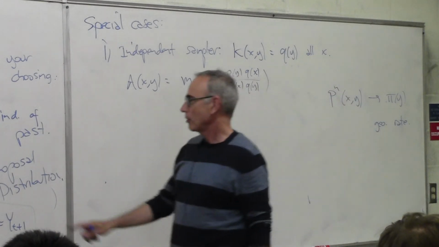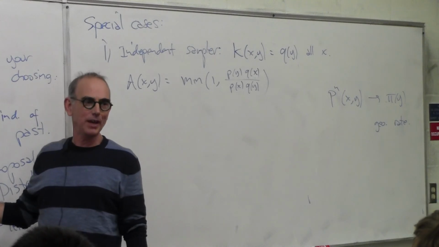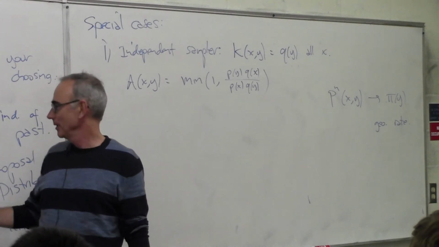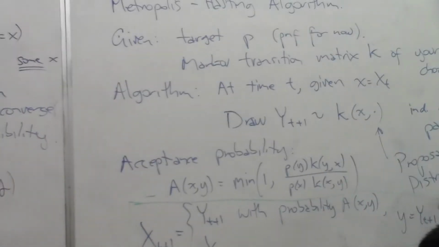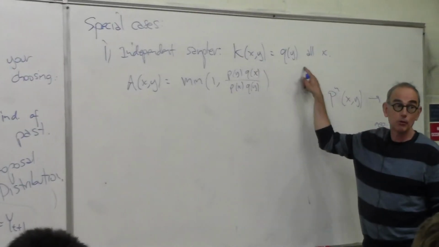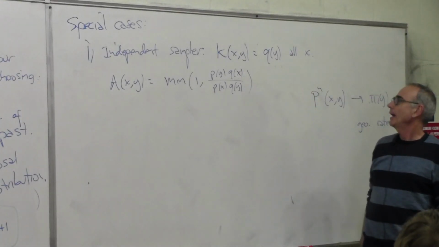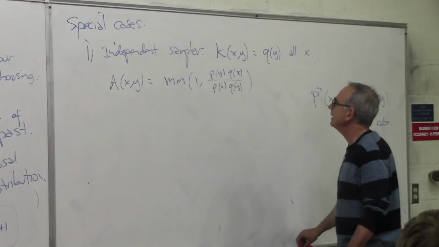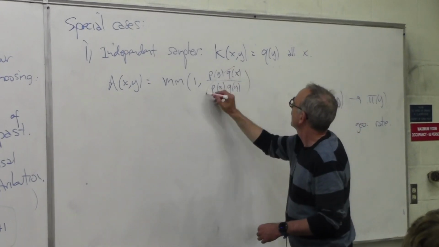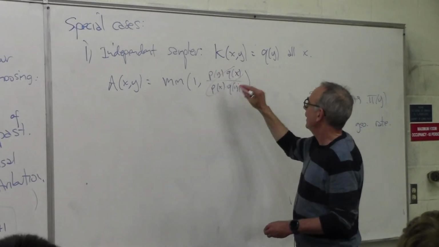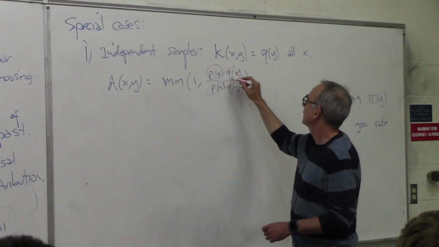Check this carefully. So k y to x will be q of x for all y, and k x to y will be q of y. That's what the independent sampler says. I just don't care what the previous state was. And if you look at it carefully, that looks like a likelihood ratio.